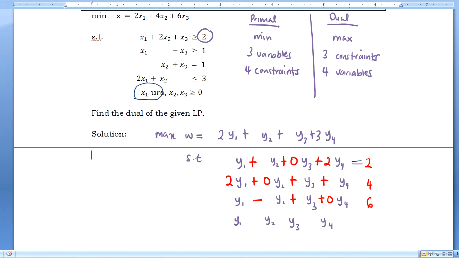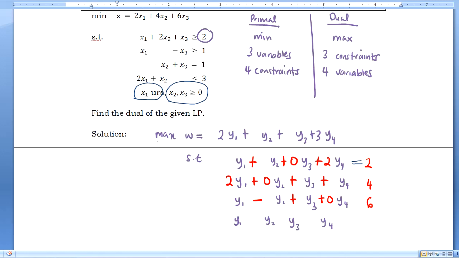Now the sign for the second and the third constraint depends on the second and the third variables in the primal. Since both variables are non-negative, which satisfies the normal problem, therefore the sign of the second and the third constraint in the dual also satisfies the normal maximum problem.